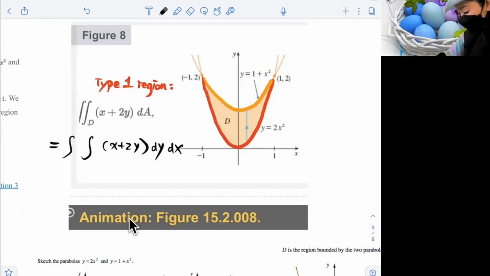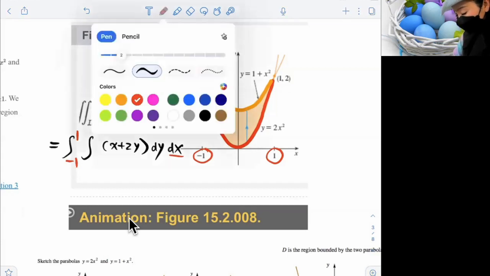So x goes from what to what? Looking at this region, x goes from -1 to 1.